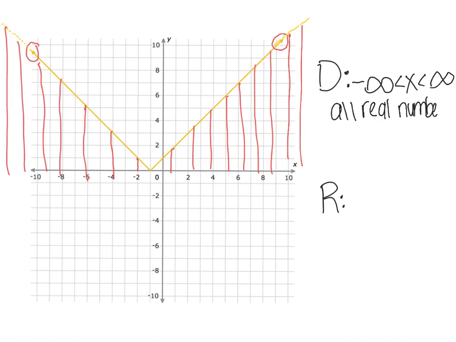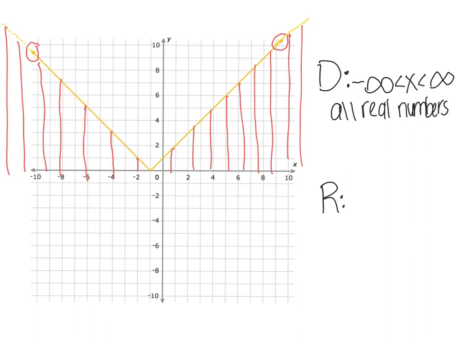I would recommend first writing this inequality here, then when you see you go from negative infinity to positive infinity, adding on all real numbers. Literally any number that you put in for x, as long as it's not an imaginary number, if you go up, there will be a point on the graph there.